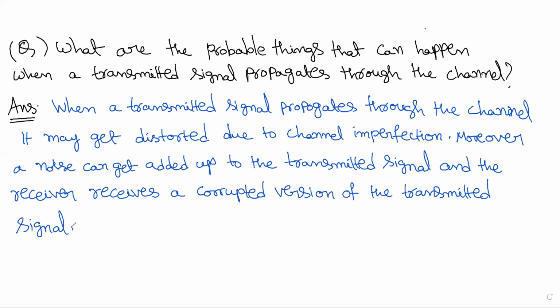And the receiver can receive the corrupted version of the transmitted signal. These are the things that can happen.